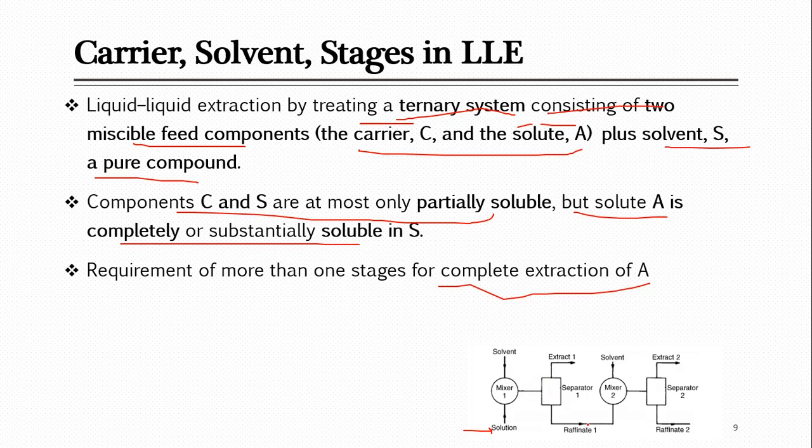So when you go for the second stage and bring it in contact with fresh solvent, it will extract more solute from this feed. Again after mixing you go for settling, and in this separator you get extract and raffinate, and maybe you can go to the next, third stage, mixer 3, and so on.